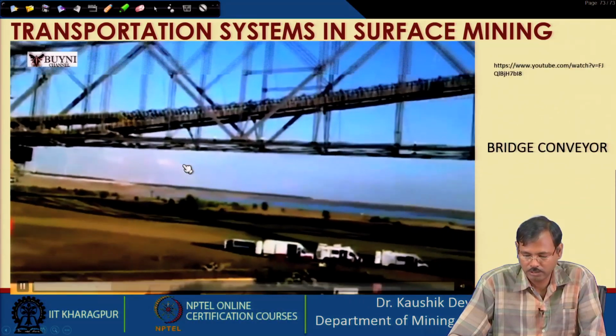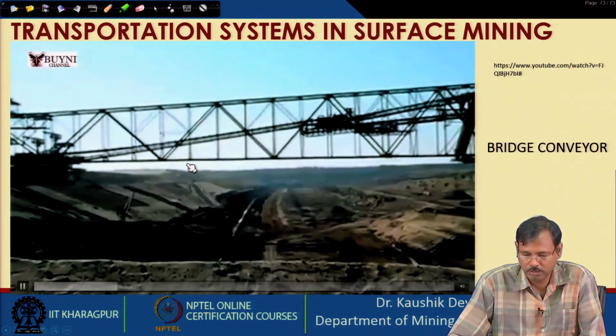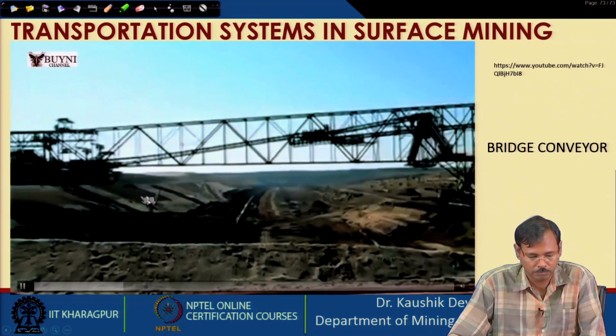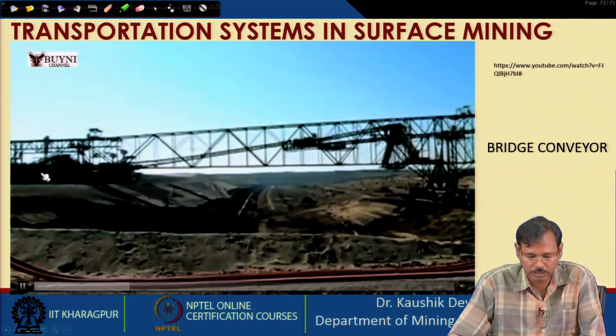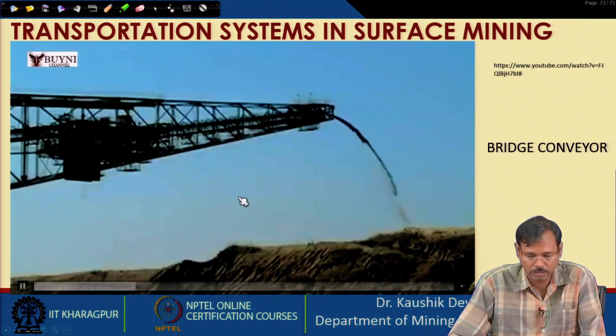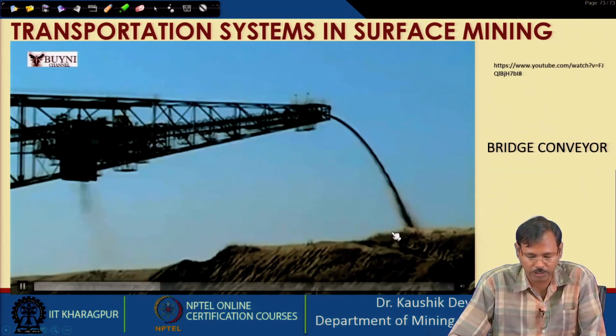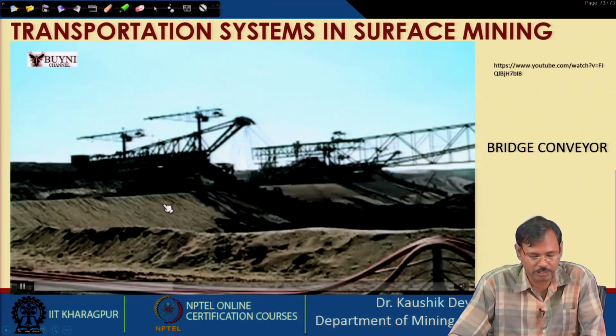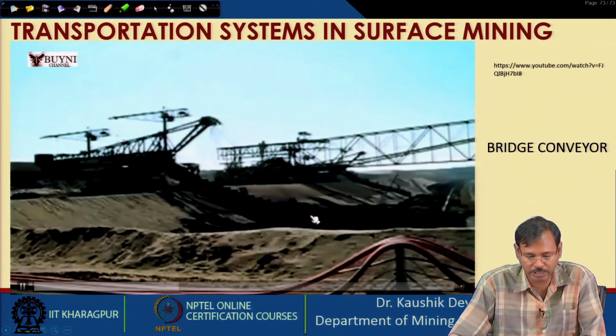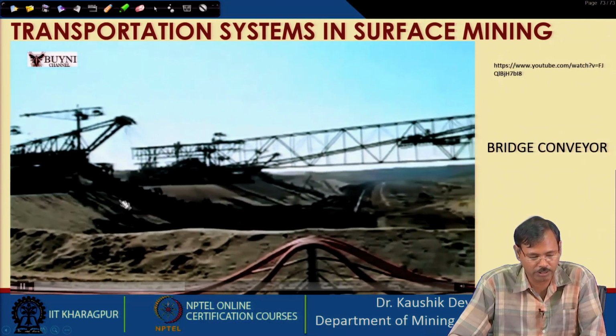The material is discharged through this bridge conveyor, which is forming the overburden dump or backfill at the back side of the mine. Material is excavated at this site using a bucket chain excavator. This bucket chain excavator can be seen here.